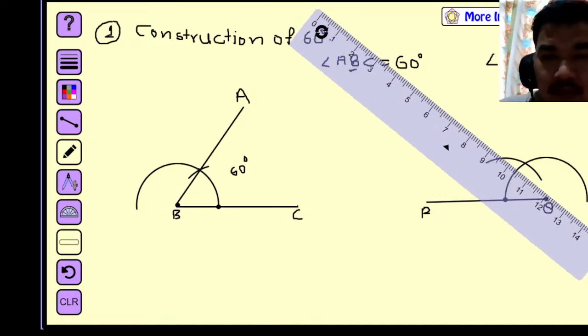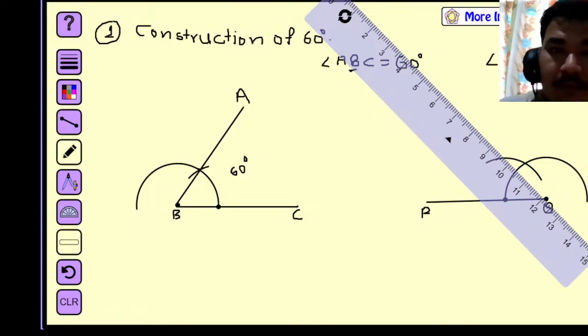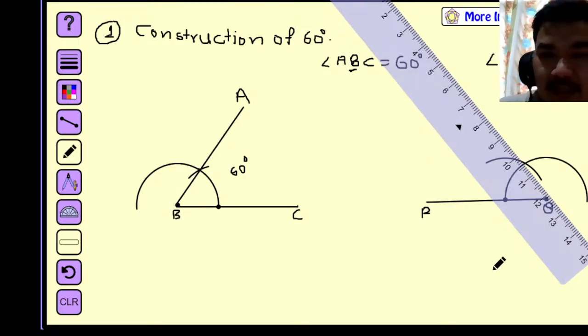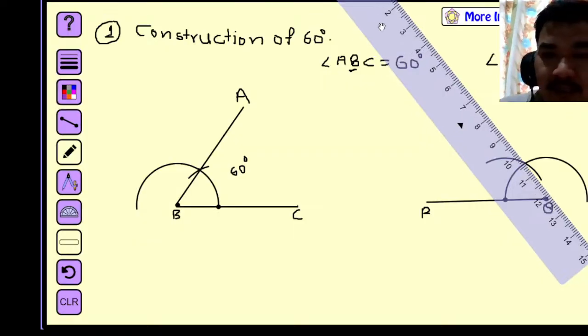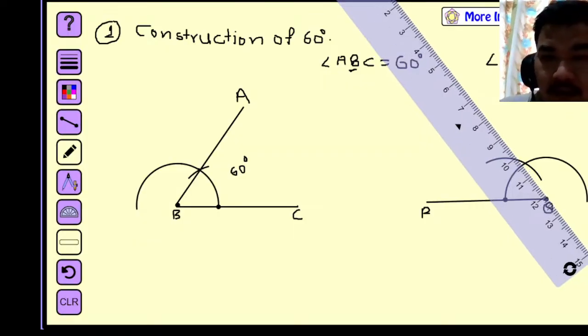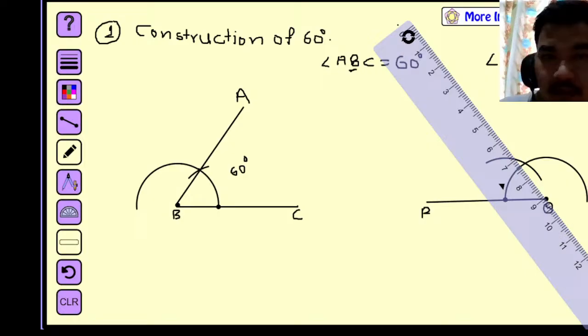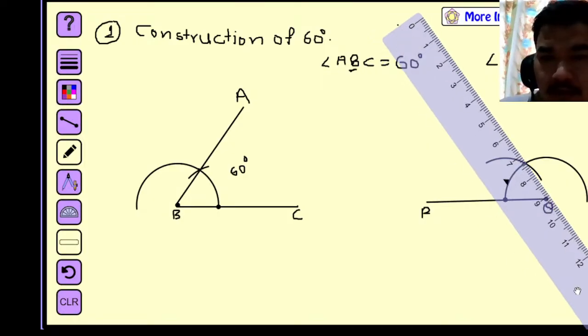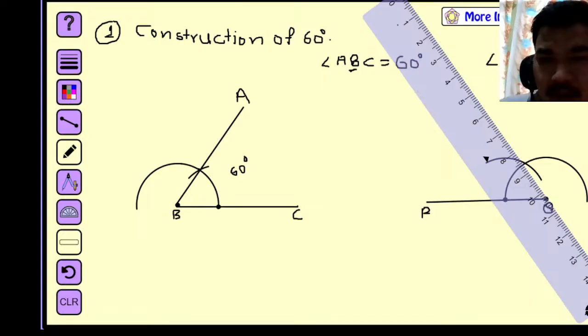Like this, put the ruler straight. The ruler should be kept straight, so that the angle will come exactly 60 degrees, right?